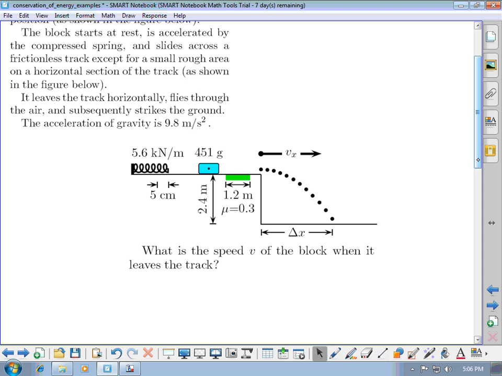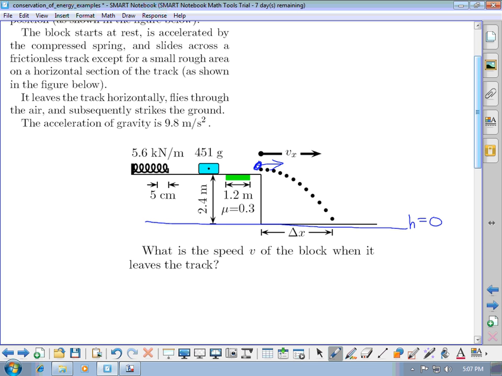So to solve this, the most common thing that people might do might be to set the height equal to 0 down here. And this means that at the beginning, I'm going to have spring potential energy and gravitational potential energy. But when it goes to the edge of the track and it's moving with some unknown speed there, the gravitational potential energy does not change.